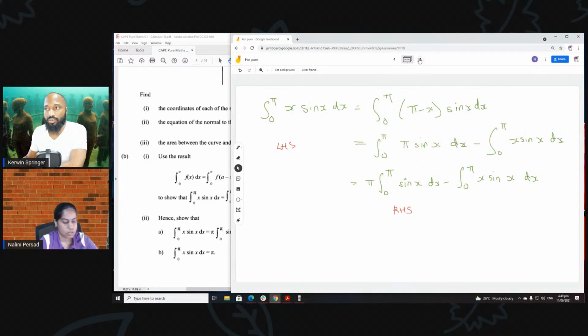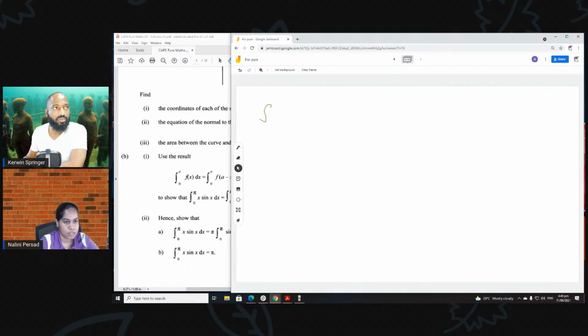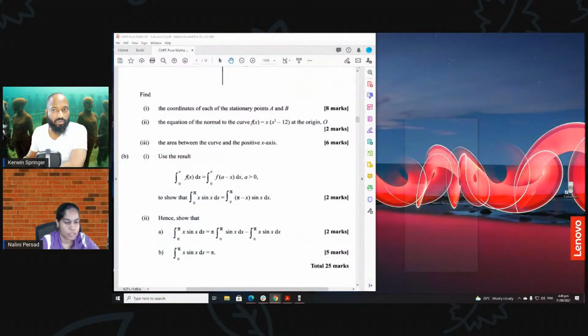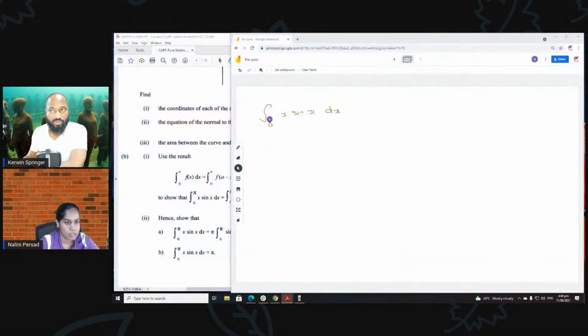Next slide. So we're required to prove that the integral of x sine x dx between the limits of 0 and pi is equal to pi. Right?